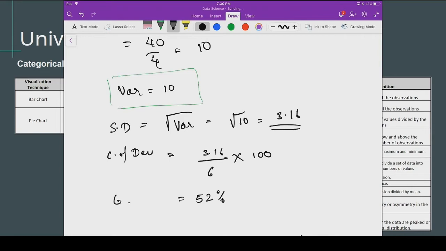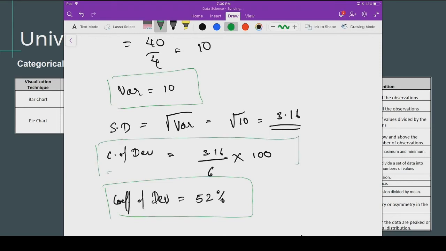We have the coefficient of deviation as 52%, variance as 10, and standard deviation as 3.16. My apologies, let's just clear this.